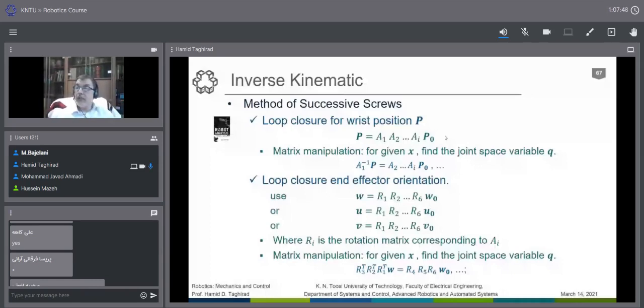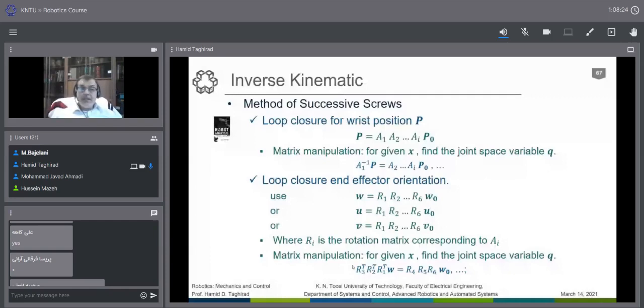And if, instead of having these 6, we have some intersecting point like a P-pair, with only 3 orientation screws here, this solution would be much easier. And then we can also move the inverse of one of them to the other side to make it much easier. Usually we put 3 components on one side and 3 components on the other side to make life much easier.